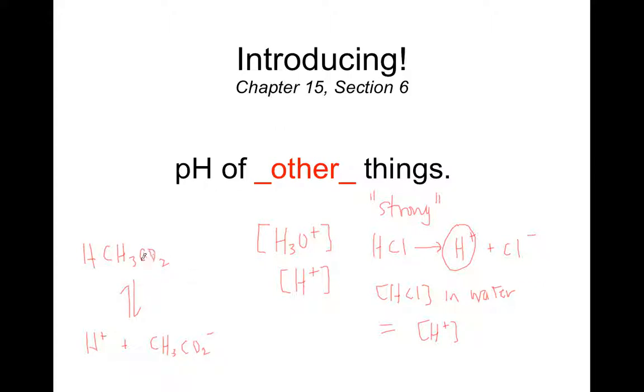So when you have some acetic acid in solution, you have some of this and some of this, and because K of this equation is not infinity or 0, you have some of both. That's going to be a challenge now. So that's what this section is about.